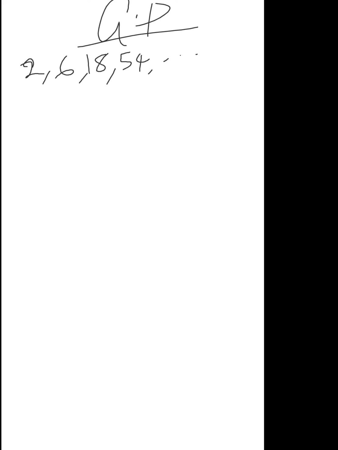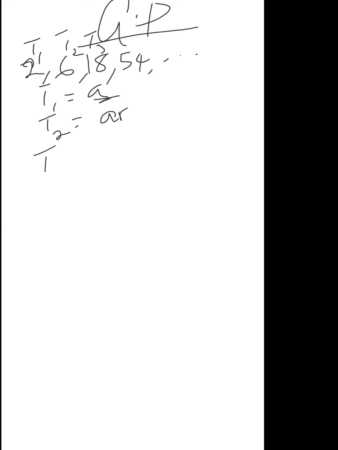So this is the first term, second one, third one, and so on. Our T1 is A. For me to get the second one, I need to multiply the A by a common ratio. Because here we realize that we have a common ratio. It's not a common difference, it's a ratio.